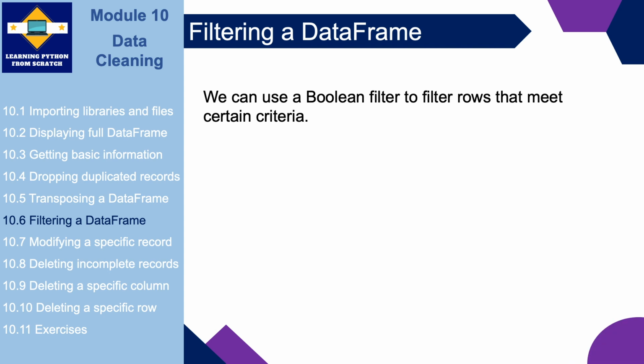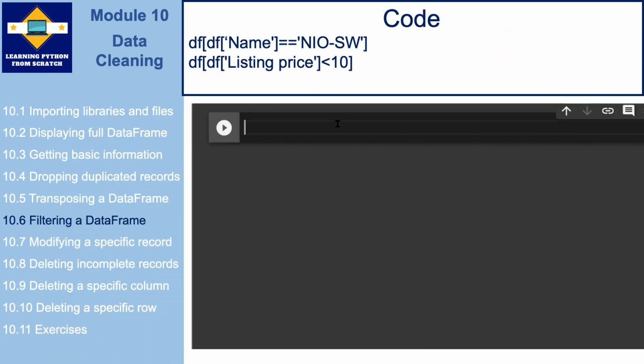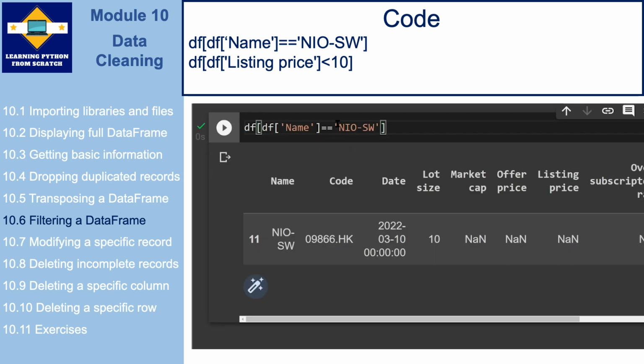We can use a Boolean filter to filter rows that meet certain criteria. We can use this method to select the rows that we are looking for. For example, in case you are looking for an observation with nil in the column name, you can type it this way. And if you run it, you should be able to see all the information for this observation with nil in the column name.